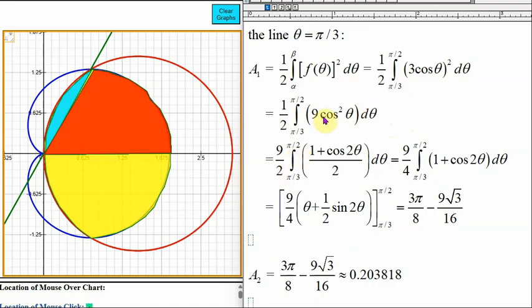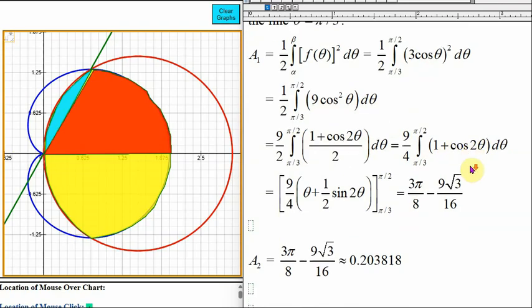Recall that cosine squared of theta is 1 plus cosine 2 theta over 2, so we get 9/4 times the integral of 1 plus cosine of 2 theta. The integral of 1 is theta, and for cosine 2 theta, the integral is 1/2 sine 2 theta, evaluated from pi over 3 to pi over 2.